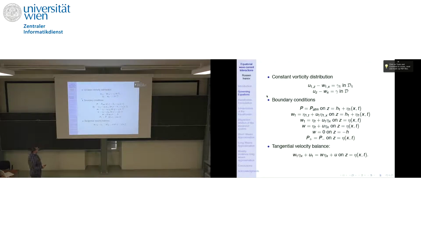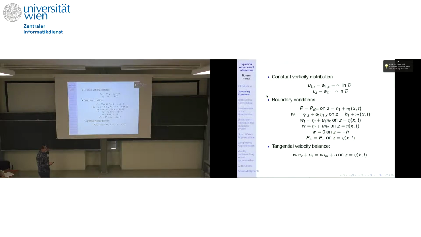We also assume tangential velocity balance on the interface. The interface here is z equals eta(x,t).